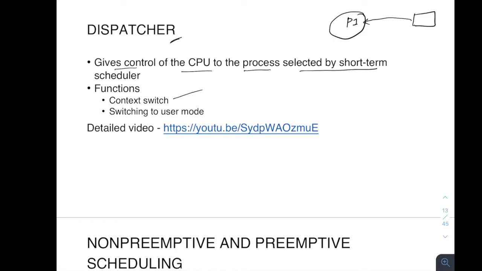It will do context switch. I told you how context switch happens: you save the CPU register values to the PCB register values, and vice versa. That is done by the dispatcher. And also switching to user mode. When some program wants to switch from kernel mode to user mode, that's also done by the dispatcher.